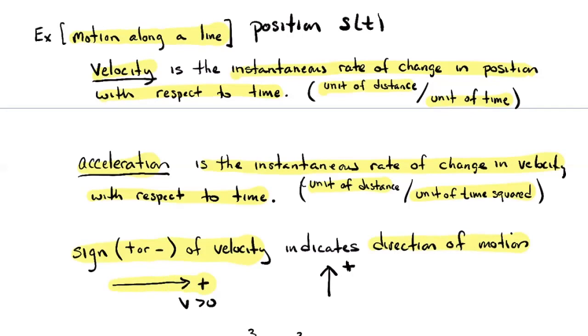If the number line is oriented vertically, then the positive direction, unless we say otherwise, is going to be up. So a positive velocity would mean that the particle was moving up. So I'll use words like moving right, moving left, moving up, moving down. You can always just generically say moving in the positive direction, moving in the negative direction. But the sign of the velocity tells you which one of those things you're doing.